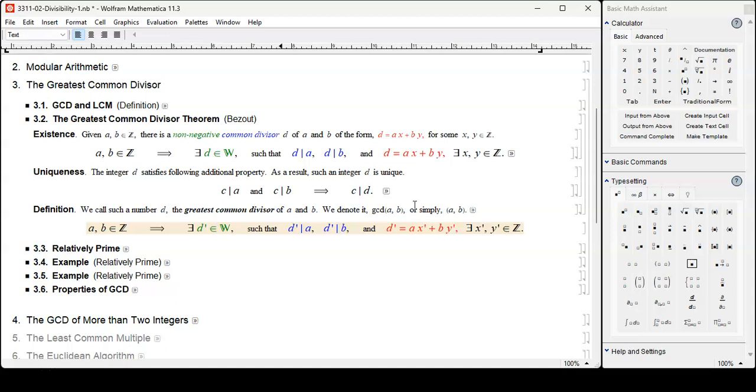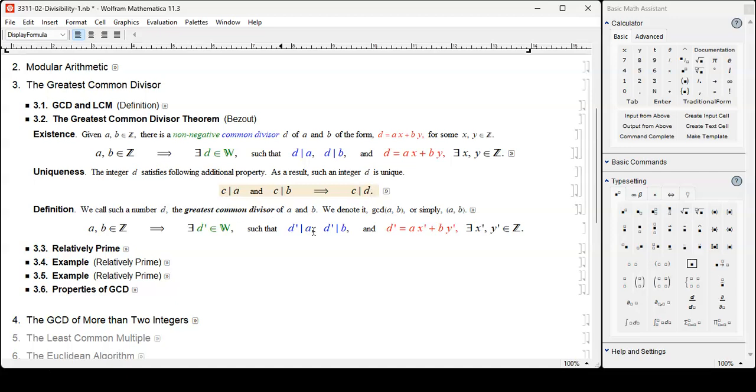Along the way, we prove something very interesting on its own as well. Every common divisor divides this mysterious number D, which will later turn out to be the GCD. Any common divisor C that divides both A and B will divide D. And the proof of that is not too bad, but if you assume that, then we can prove that D and D prime divide each other.